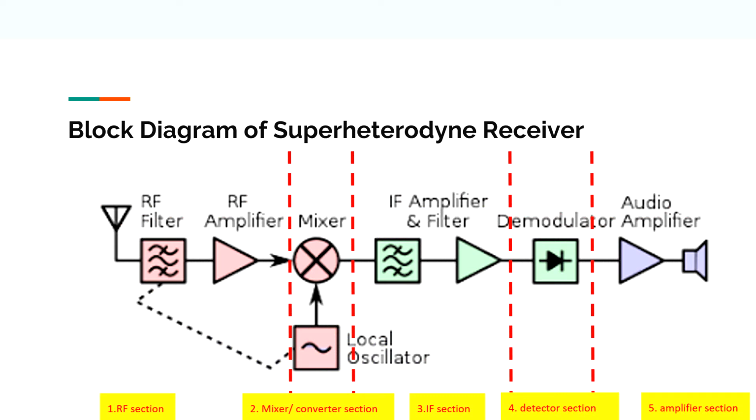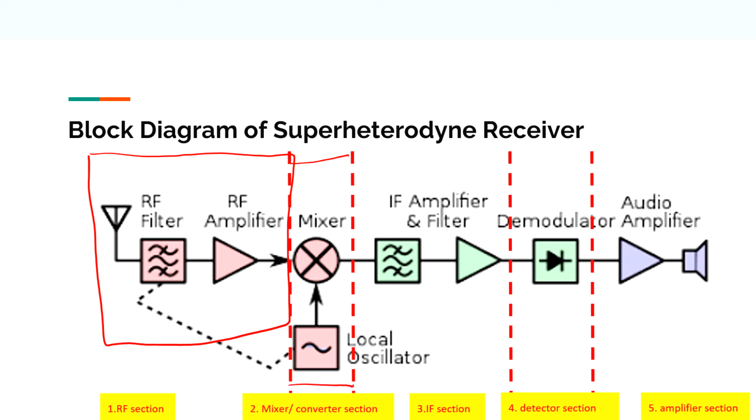Okay, what are the components in the superheterodyne receiver? We have 5 major parts. The first part is the RF section, and then the mixer or converter section, where the superheterodyne process happens.